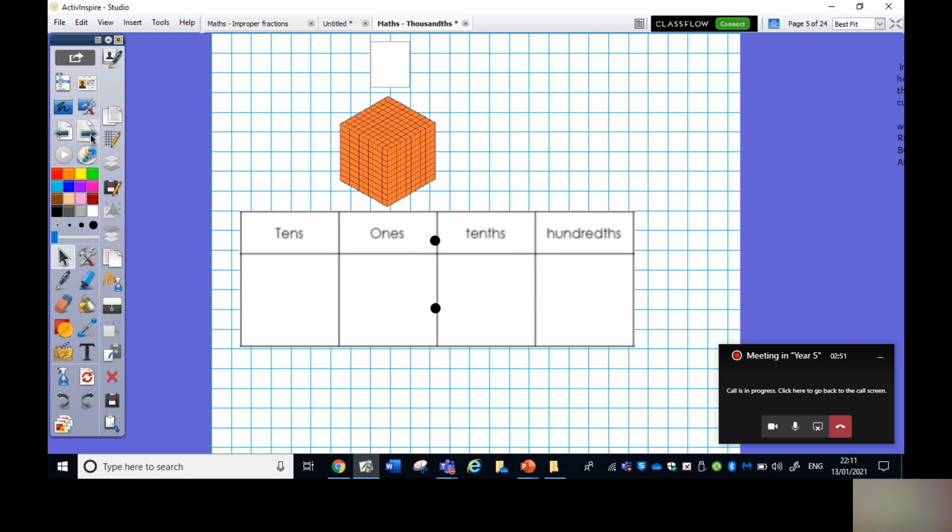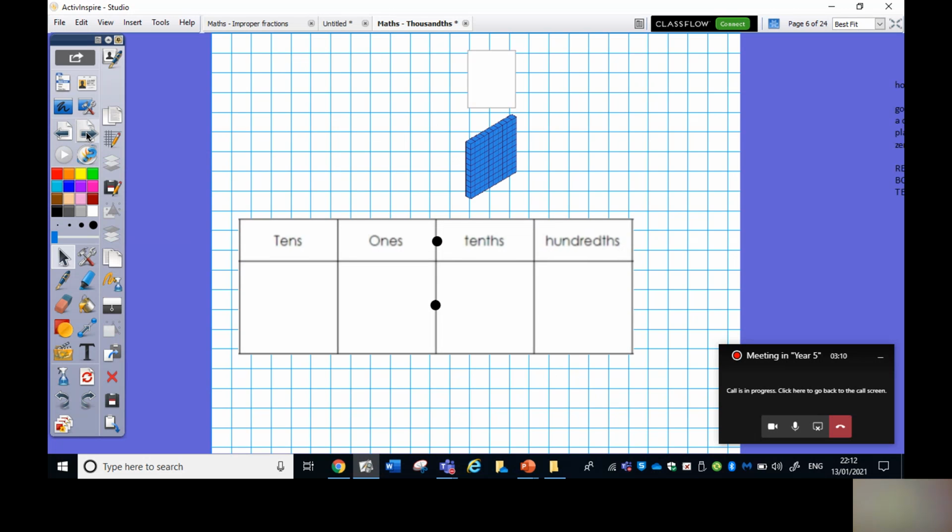So now let's take a look at our place value grids. How would we represent this large cube? What's its value? Good, 1. Where would it go in our table? Yes, in the ones. So we would place it here. Good job. Remind me what this is again. Good.